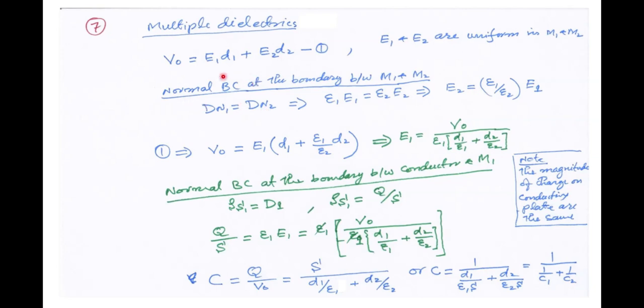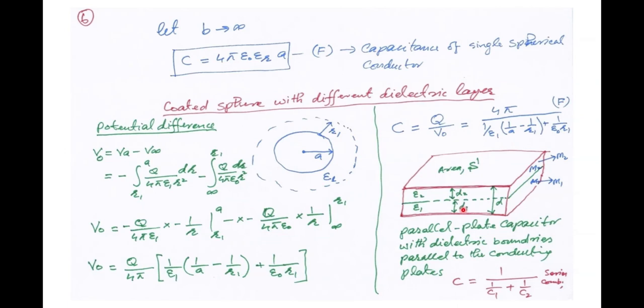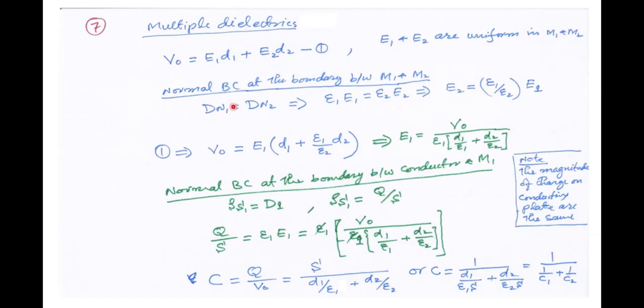According to the normal boundary condition at the interface between two different dielectric materials, Dn1 is equal to Dn2. So we replace the normal component of the D field in medium 1 by epsilon 1 times E1, as the electric field is uniform, and we replace Dn2 by epsilon 2 times E2.